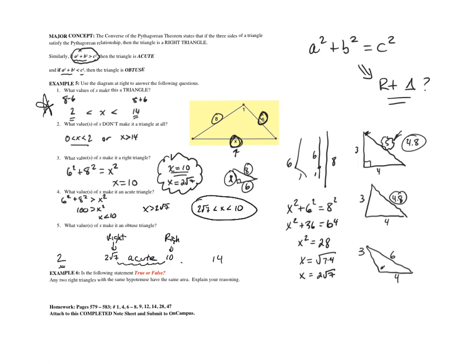So that leaves obtuse being in between those two things. So to answer this question, we could be between 2 and 2 root 7, and also in between 10 and 14. So those are the range of values that would make this thing be obtuse.